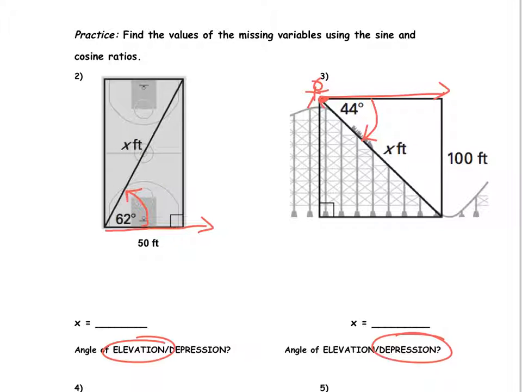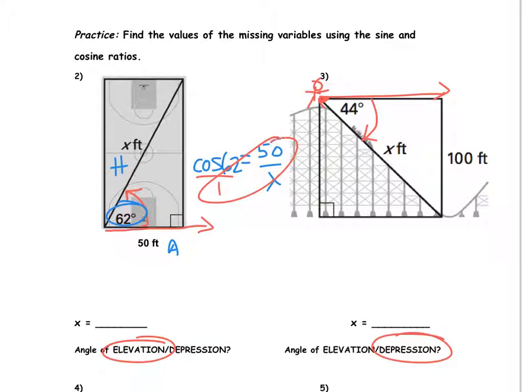We're going to label opposite, adjacent, hypotenuse. So based upon the 62 degrees, 50 is the adjacent, x is the hypotenuse. What trig function uses A and H? Cos. So cosine of 62 equals the adjacent 50 over the hypotenuse x.